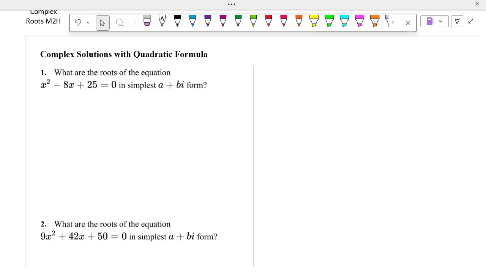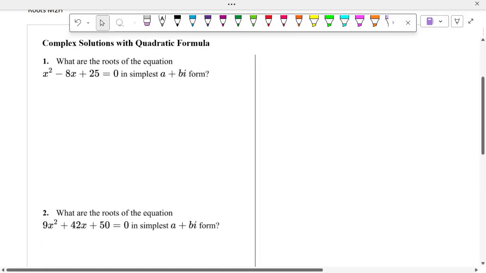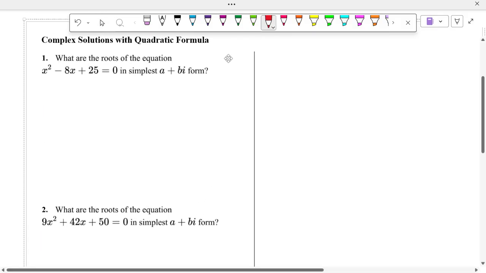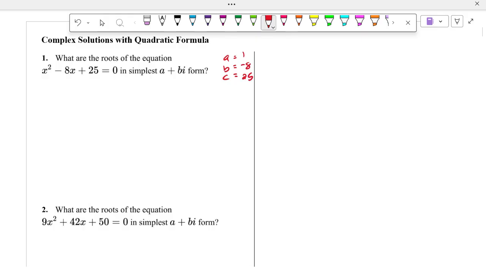All right. So we're going to do at least 2 examples together quickly. So ABC, what is it? 1, -8, 25. So this would be negative b, so 8 plus or minus the square root of b squared, so -8 squared minus 4 times a, which is 1, times c, which is 25, all over 2 times 1.